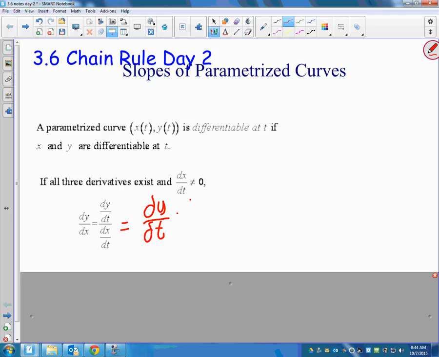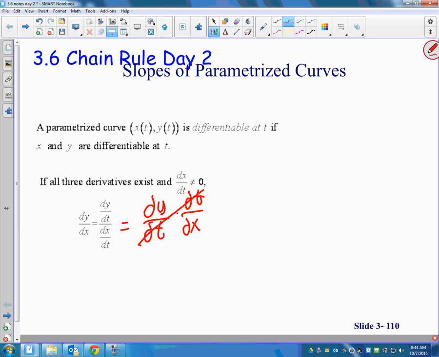Dividing by that is really like flipping it up, so the dt's cancel out, and that's why it equals dy over dx. It just means if I gave you two functions, like y equals sine of t, x equals cosine of t, you take the derivative of the y function divided by the derivative of the x function, and that gives you the derivative of the parametric curve altogether.